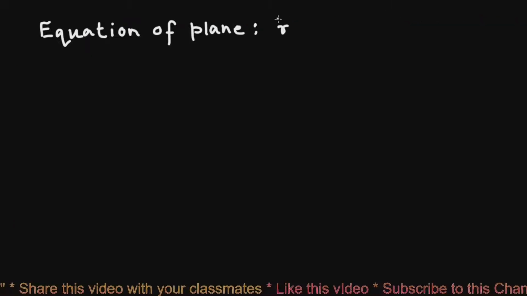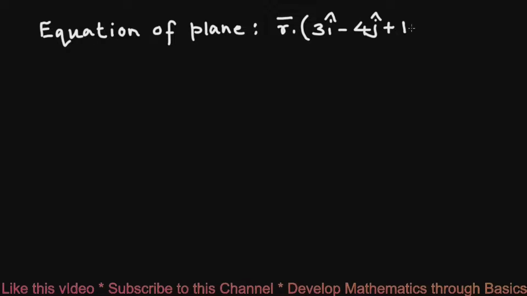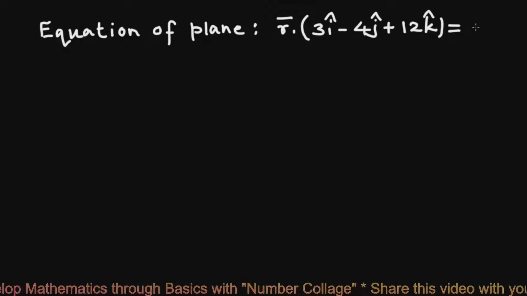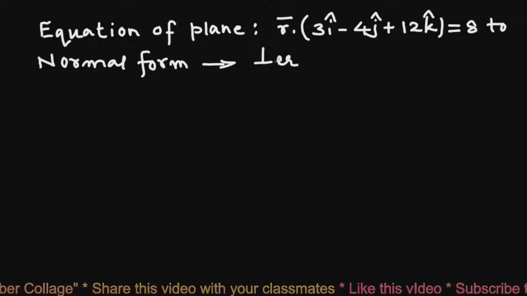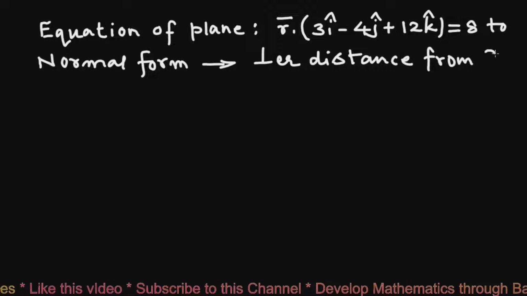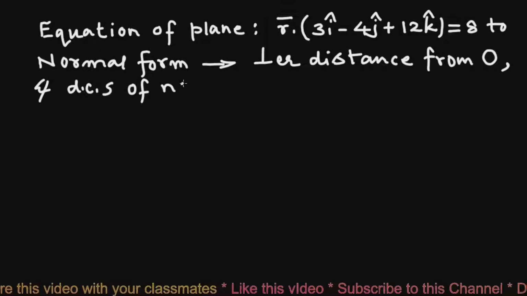We have to convert the equation of plane r bar dot (3 i cap minus 4 j cap plus 12 k cap) equals 8 to normal form and find the perpendicular distance of the plane from the origin O and direction cosines of the normal to this plane.